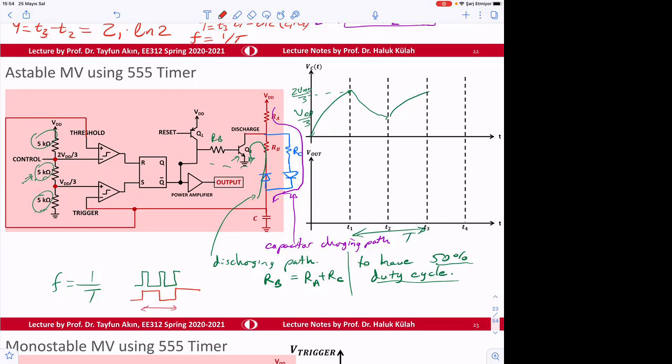So right now this is maybe T2, okay, which is going to be 2 times T, but then this is 50% duty cycle. So that's another way of creating 50% duty cycle. Just use this thing and then maybe select the capacitor smaller, and then set it up for this 50% duty cycle.